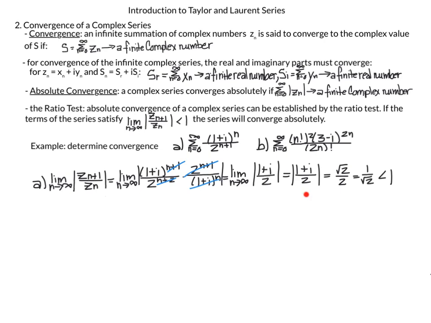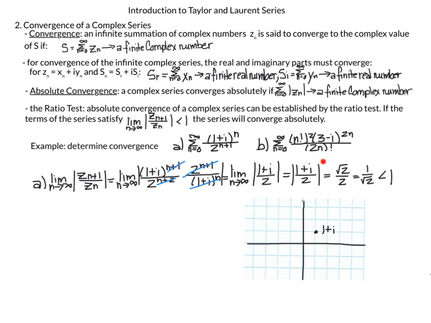So the absolute value of 1 plus i, in other words, the magnitude of 1 plus i, is equal to square root of 2 over 2, which is equal to 1 over square root of 2, which is less than 1.